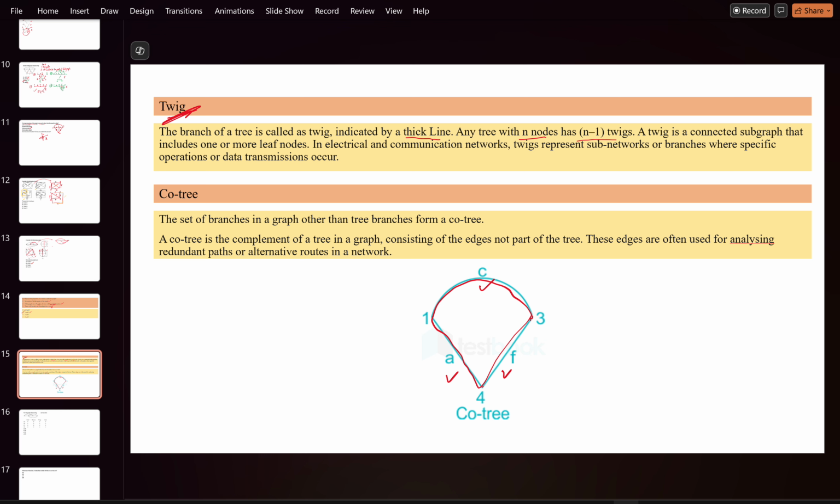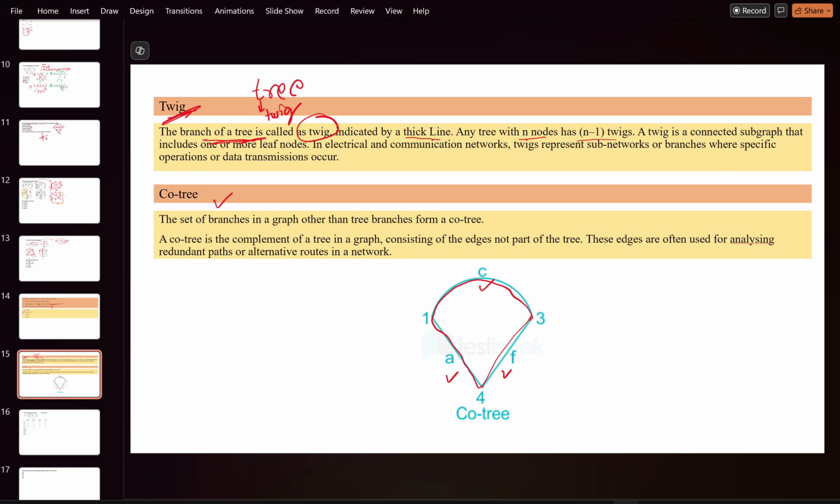Sorry, this is a part of a tree, this is not a co-tree. So the branches of a tree are called twigs. Remember like this: this is the tree and these are twigs. Twig means the branches of that tree. And the co-tree is the remaining part of the graph other than the tree.